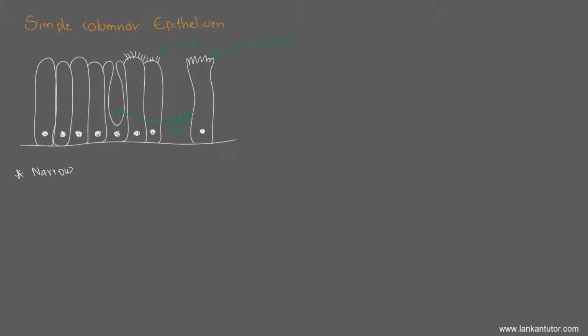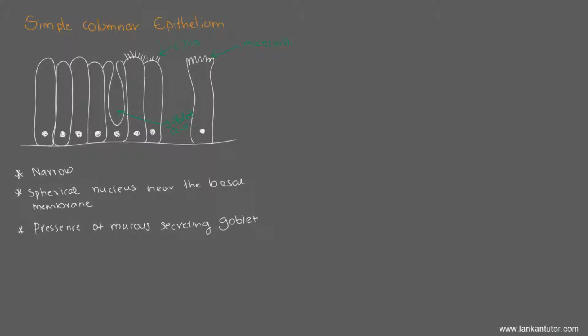Cilia are basically hair-like structures, and you can also see microvilli in some forms of columnar epithelium. Remember that they are slightly narrower than the cuboidal cells, but they are extremely longer. The function of the microvilli inside the epithelium is to increase the surface area, to increase the rate of reactions.